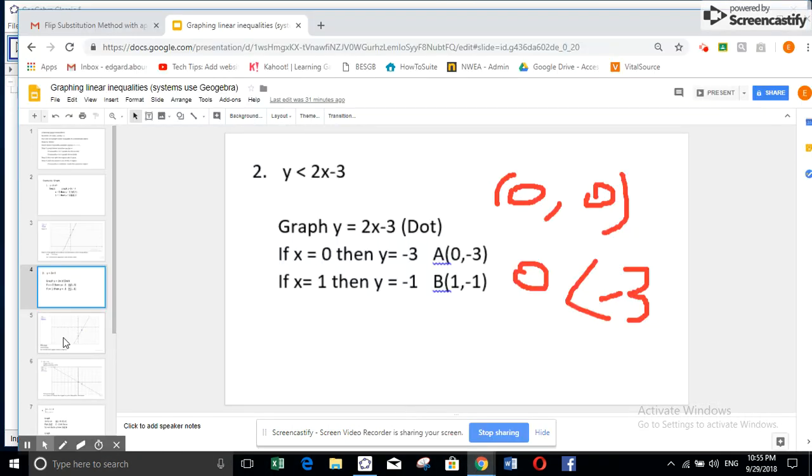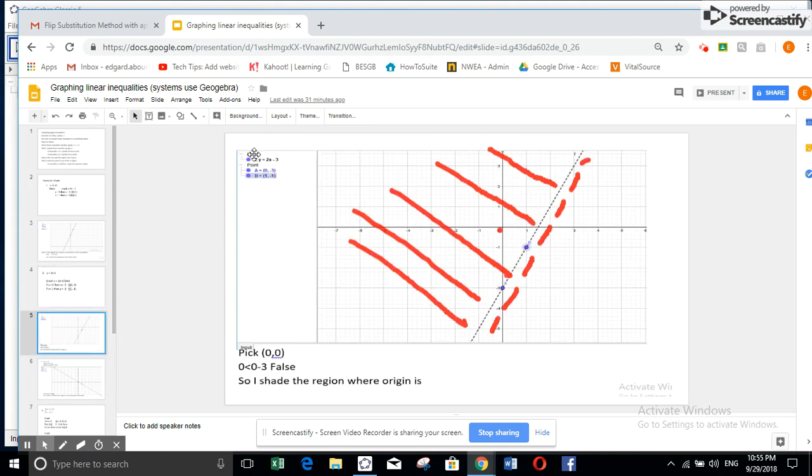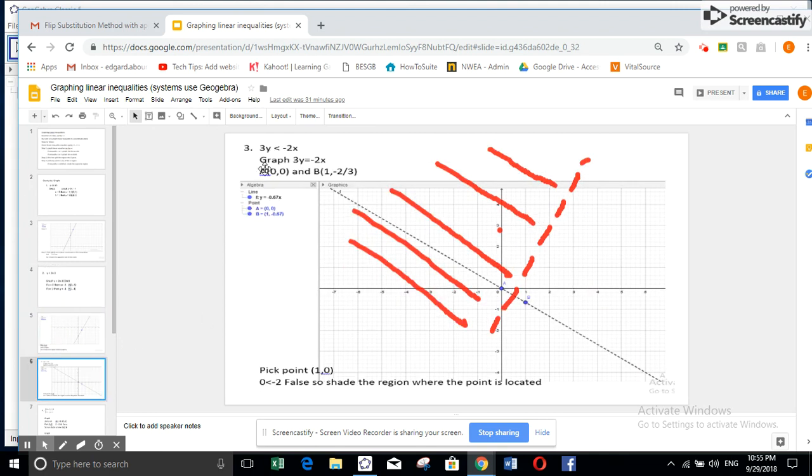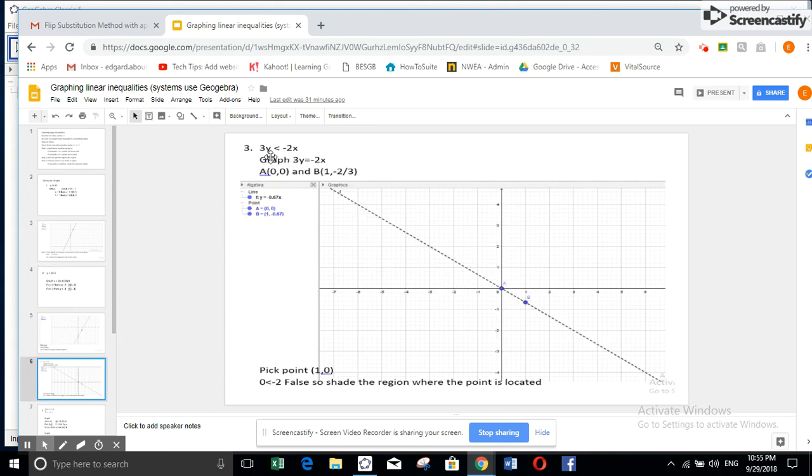Let us continue now with the third example. In this example, I have picked a line of 3y less than minus 2x. What is the difference between the first two examples and this example? In this example, the line is passing through the origin. So if x is 0, y is 0. If x is 1, you have minus 2 over 3, as you can see here. So I cannot pick the origin anymore, because it's on the line. So I will pick any other point.